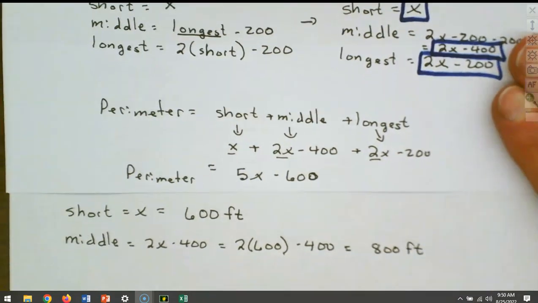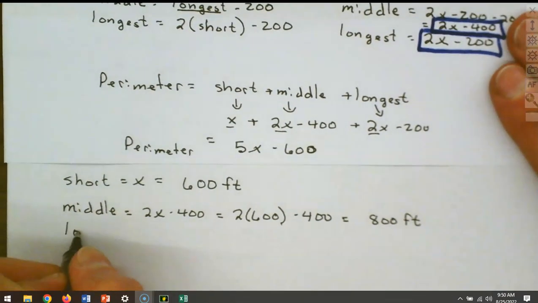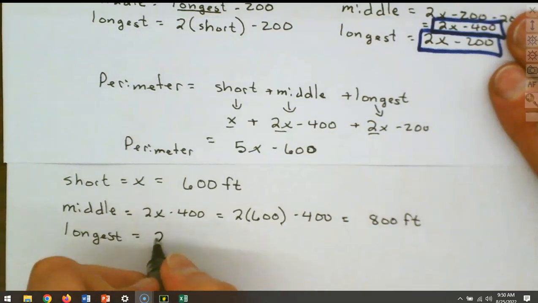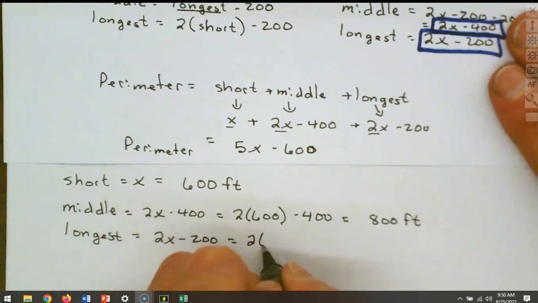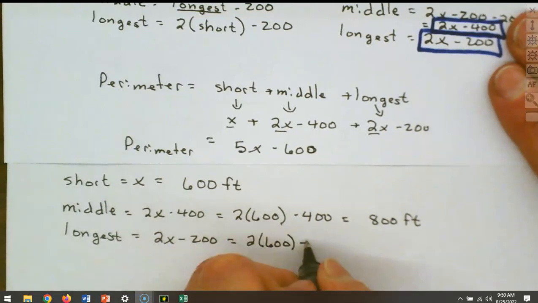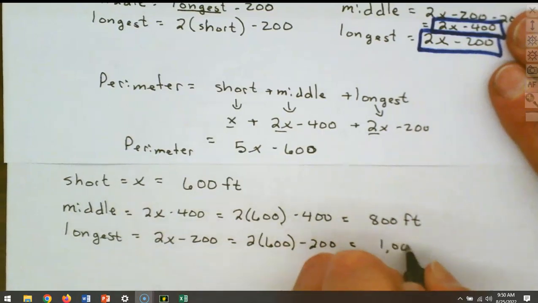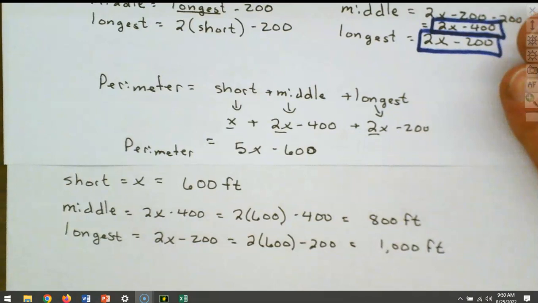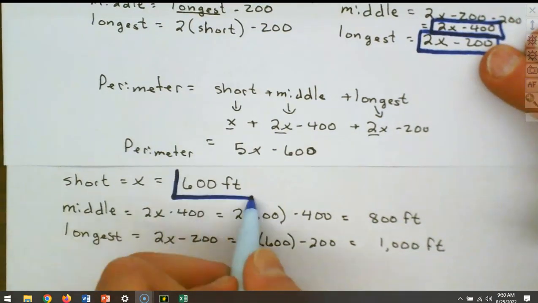Okay, we're going to go ahead and label these now. And what about the last one, the longest side? The longest side is going to be 2x minus 200, which is then 2 times 600 minus 200, which is then 1,000 feet. So there are the three answers for this question.